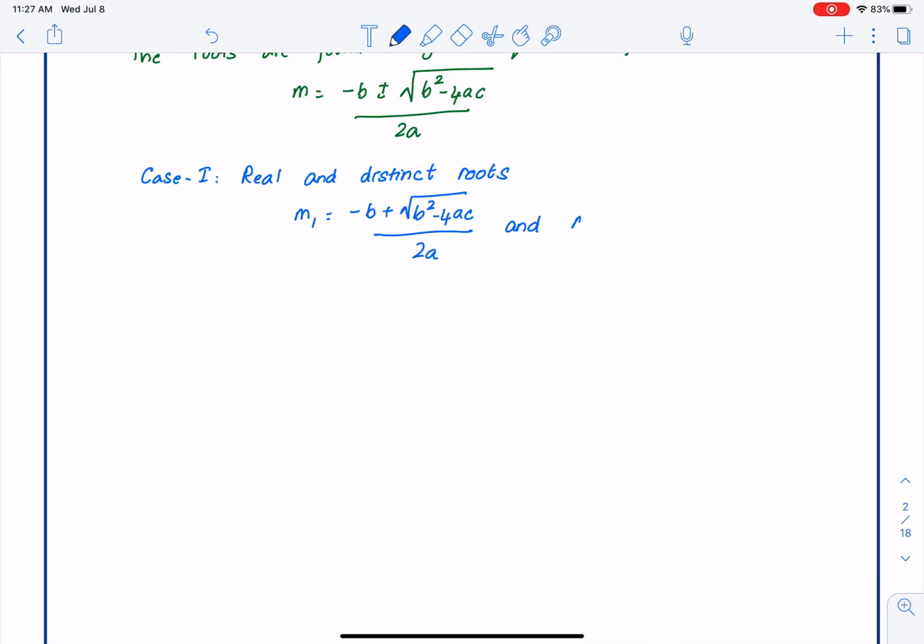And the second root is minus b minus square root of b squared minus 4ac divided by 2a. And if you recall from algebra, b squared minus 4ac is called the discriminant.